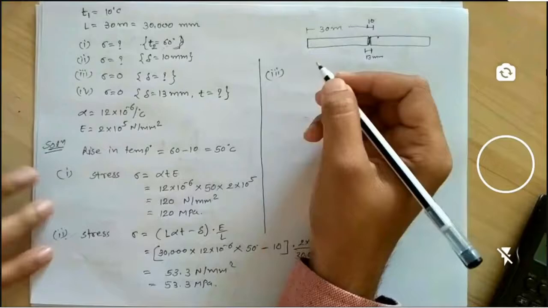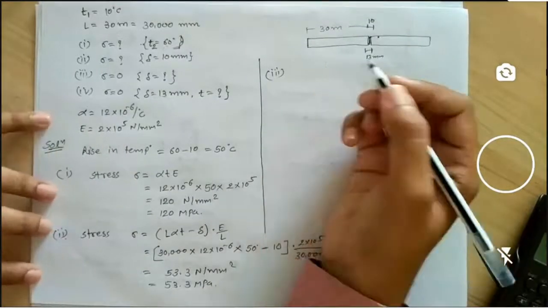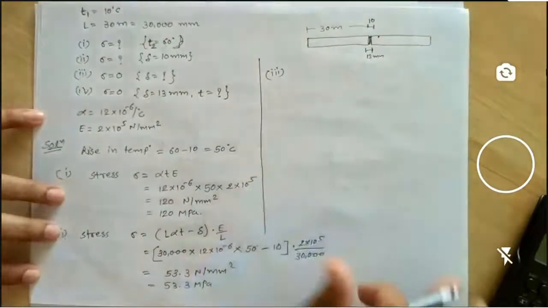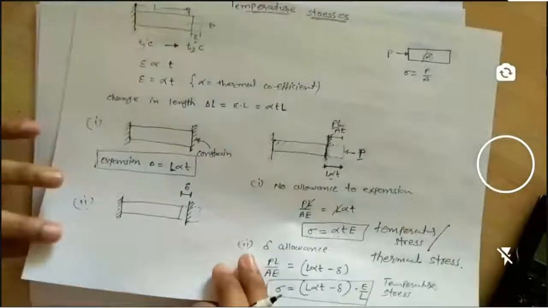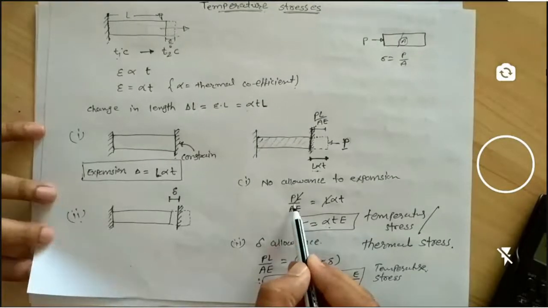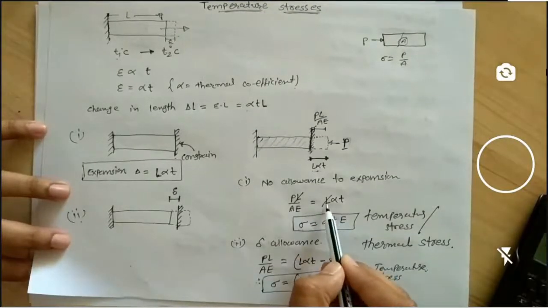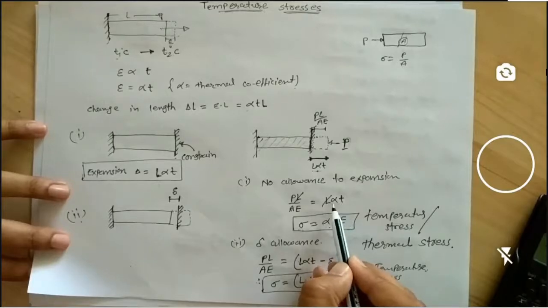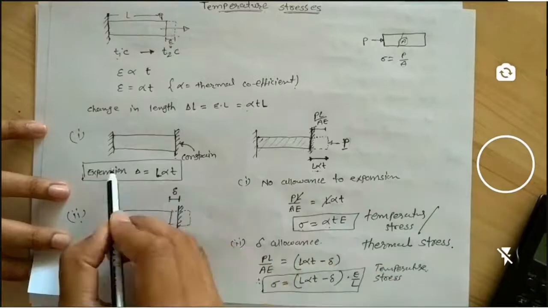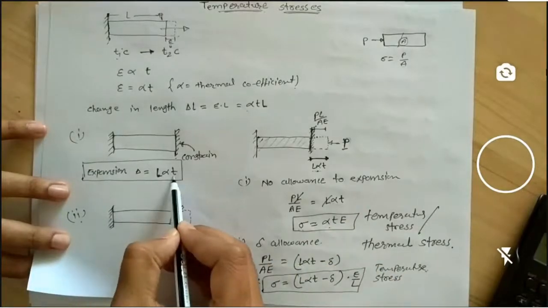We want the stress to be 0. It means whatever the L alpha T is, we can provide that gap between these two rails, so they can easily expand by L alpha T and no stress is generated.